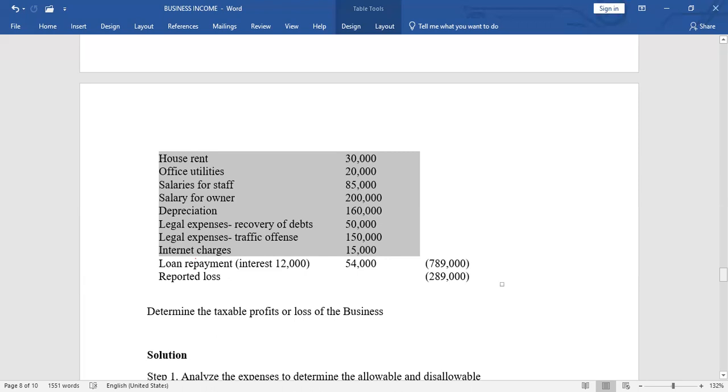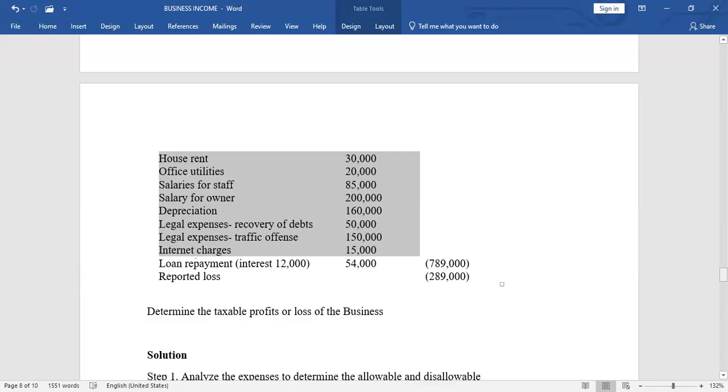Depreciation. The first one is depreciation. Next one. Legal expenses, which one? There are two. Recovery. Traffic offense.